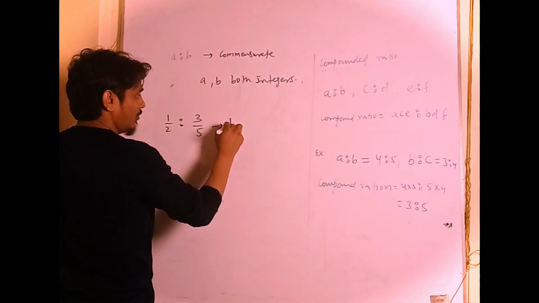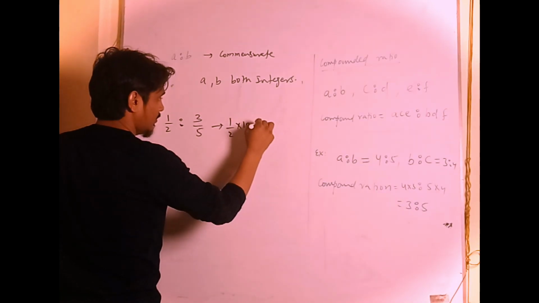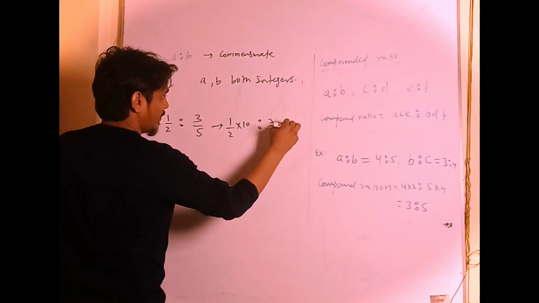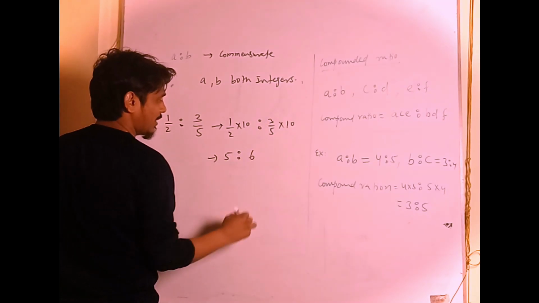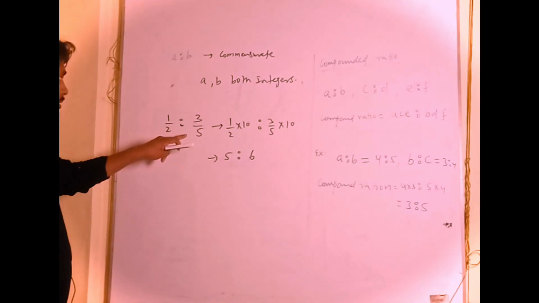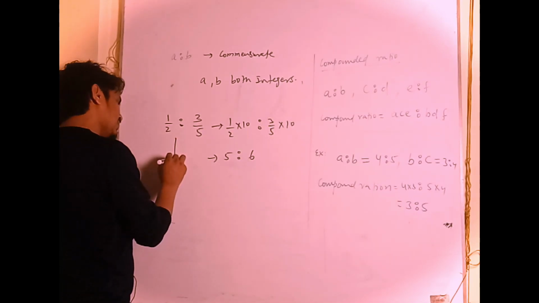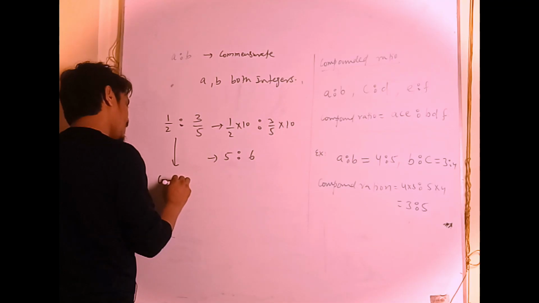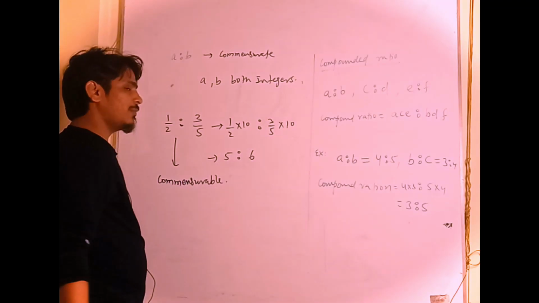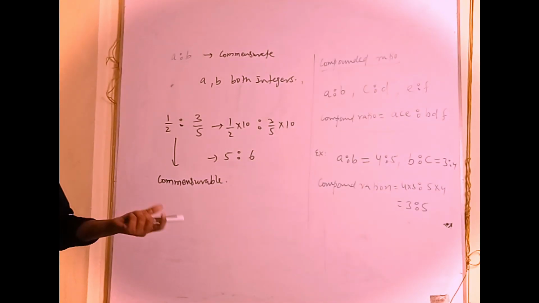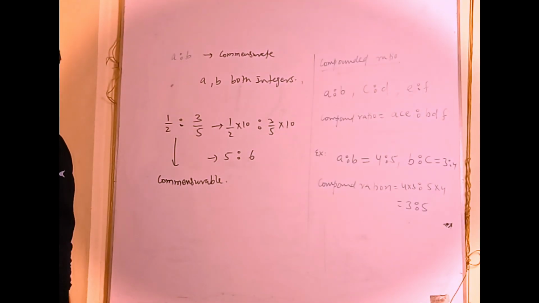The LCM of 2 and 5 is 10, so multiplying both by 10, we get 5 ratio 6. It means this particular ratio 1/2 ratio 3/5 is commensurable. So commensurable means any ratio which can be converted into a ratio in which both terms are integers.